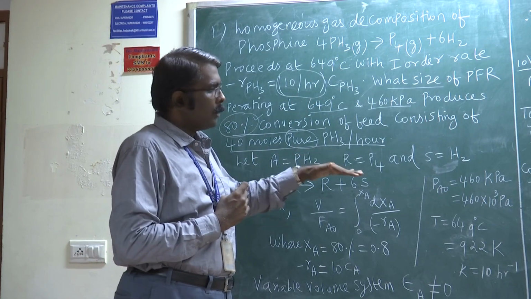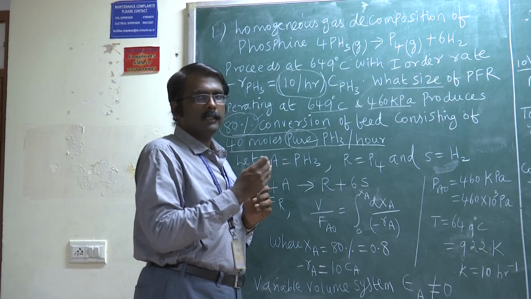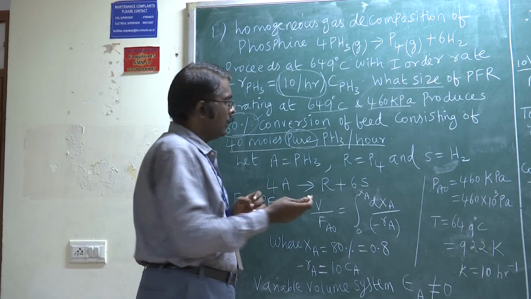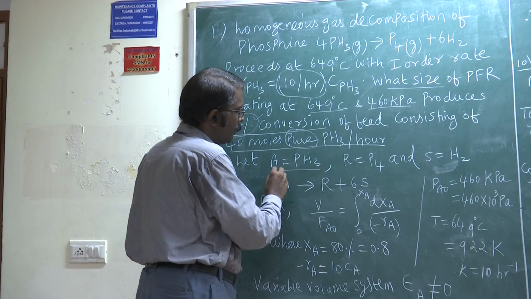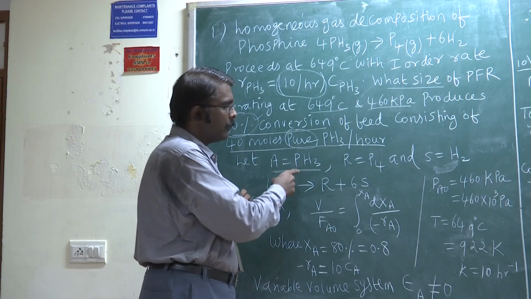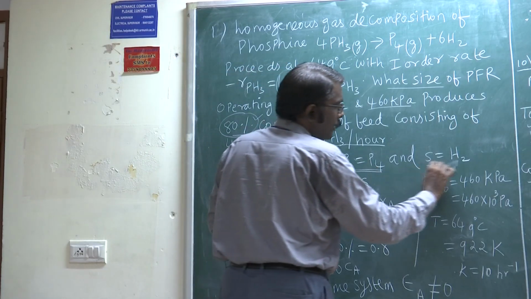Now before going to solve the problem, I would like to define some of the variables. I am doing this only for my convenience or for simplification purposes. So let A be phosphine. A is the component which indicates the phosphine. Like that, R indicates the phosphorus vapor and S indicates the hydrogen gas.